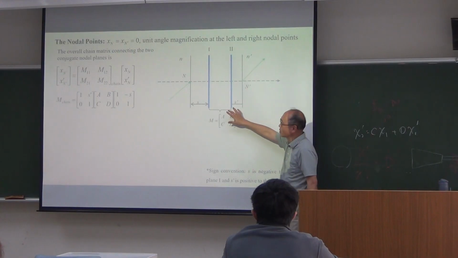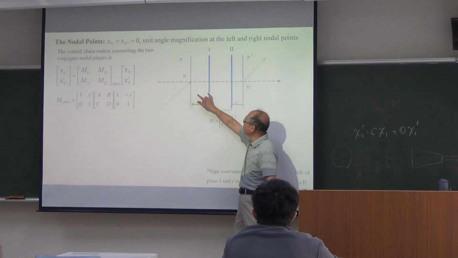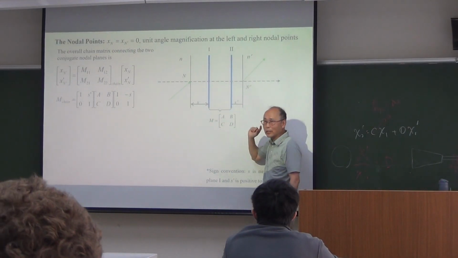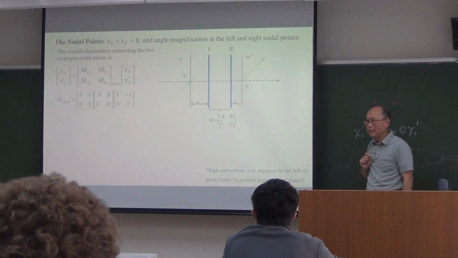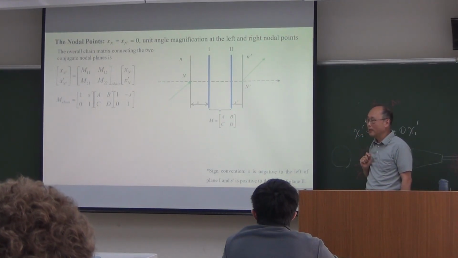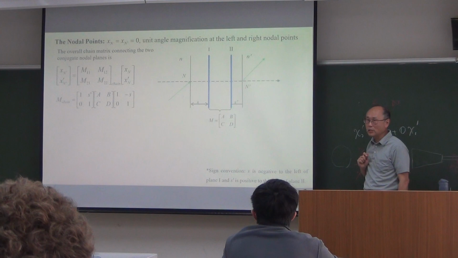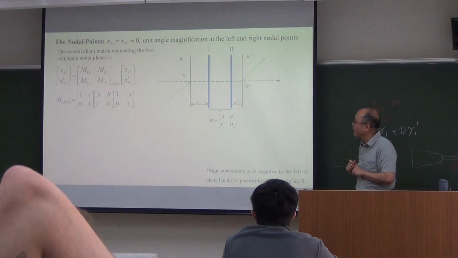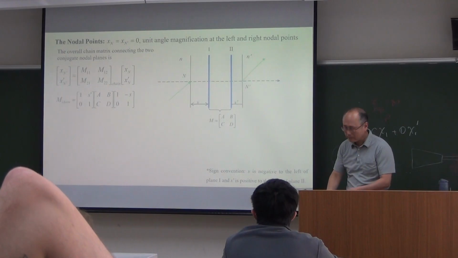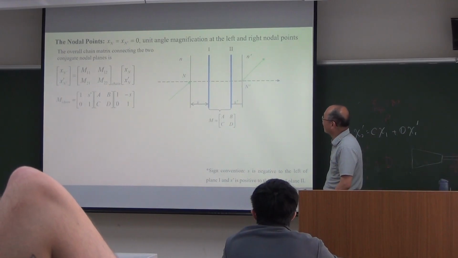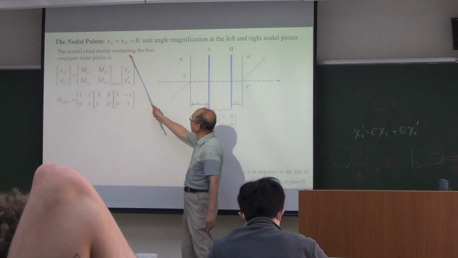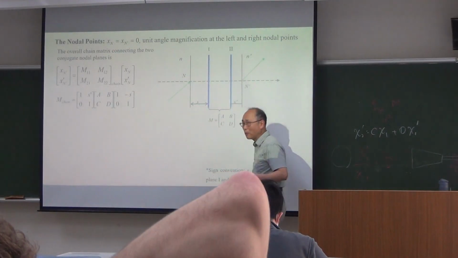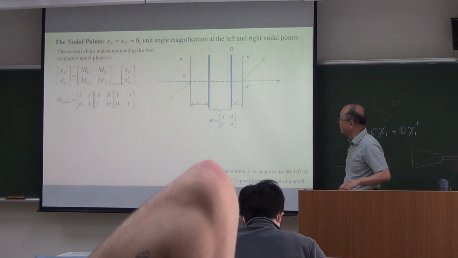But for an optical system, the nodal point could be separated into two locations. And this is important when you want to draw an image. So the nodal point is where, between input and output, the angle does not change.